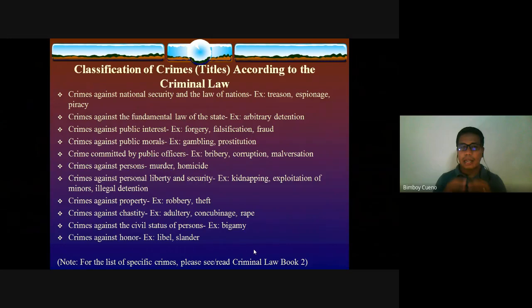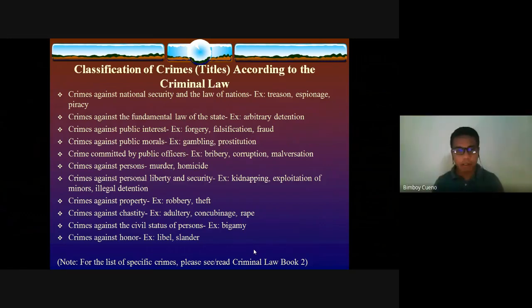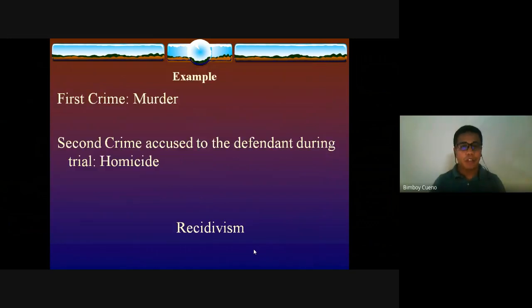Murder, homicide, parricide, and infanticide are clustered under Crimes Against Persons. Robbery and theft are clustered under Crimes Against Property. So the titles under the Revised Penal Code will be the basis in determining whether the person qualifies for recidivism or not.